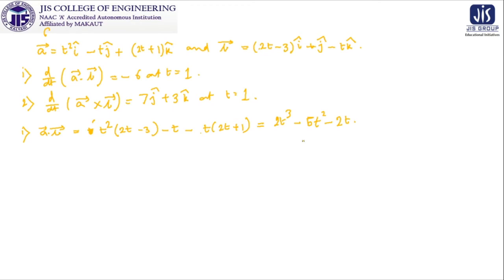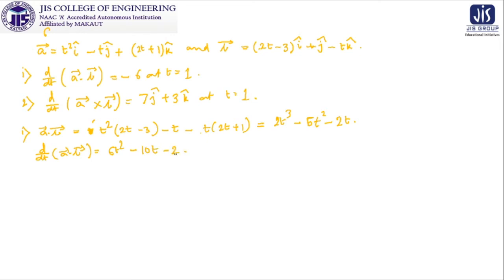After that, your job is to differentiate with respect to t, so the result will come as d/dt of a dot b equal to 6t square minus 10t minus 2.